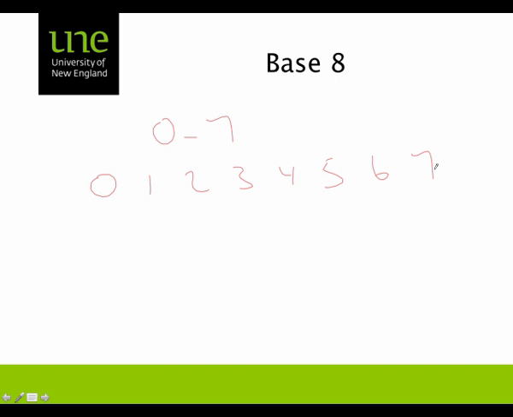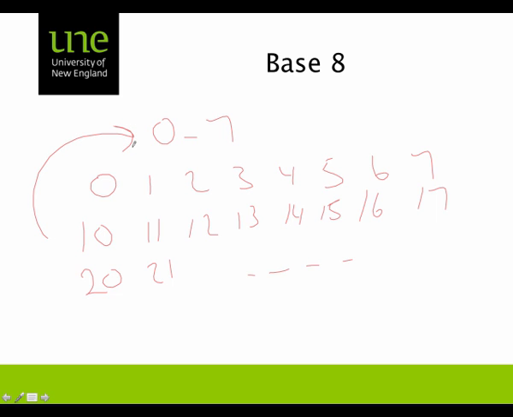Now in base 10 we would go 8, but here, because we're talking base 8, we go 10, 11, 12, 13, 14, 15, 16, 17, 20, 21, and so forth. The important thing is that each of these numbers is represented by the digits 0 through 7.